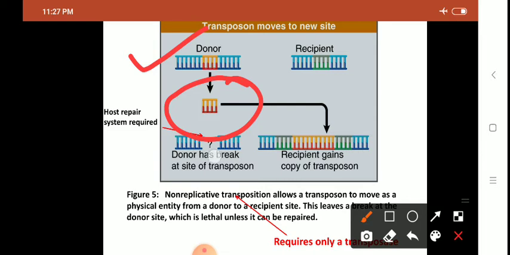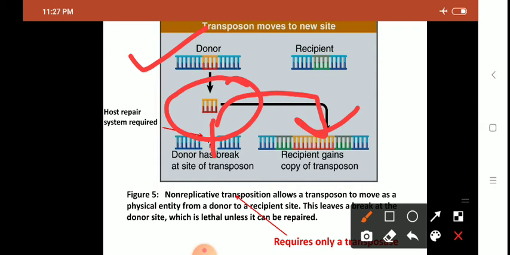It gets excised from the donor, breaks off, and gets integrated at the target site in the recipient. Or you can say it moves as a physical entity from the donor position to the insertion position. So from one point it is lost and at another point it is integrated.